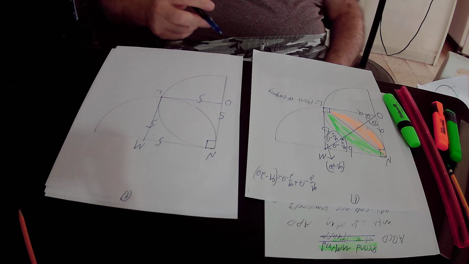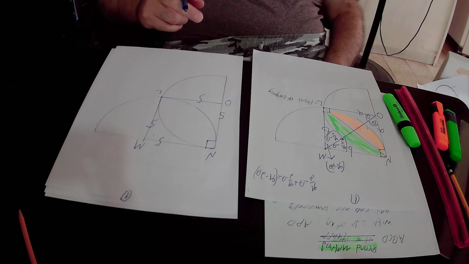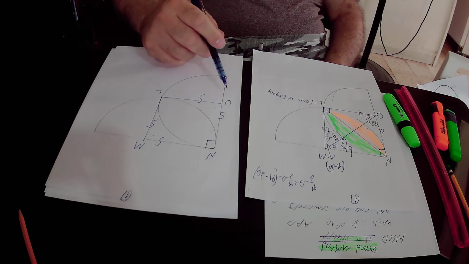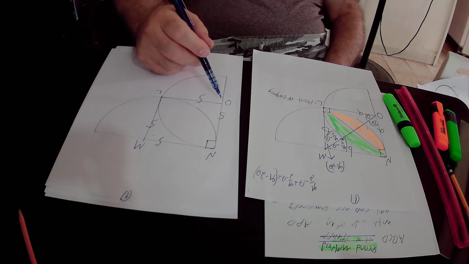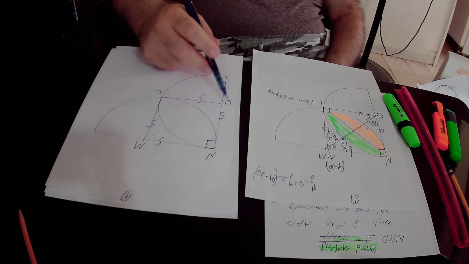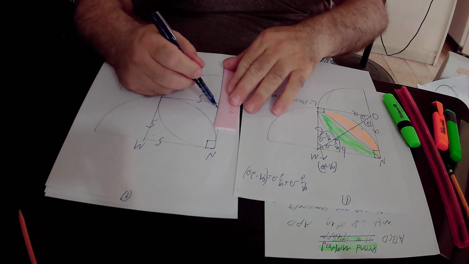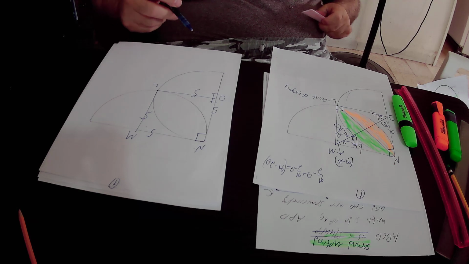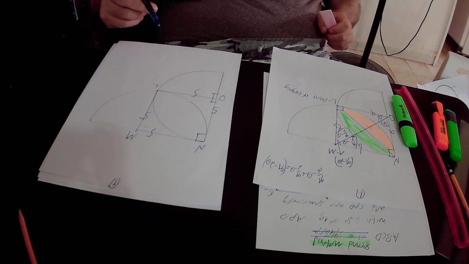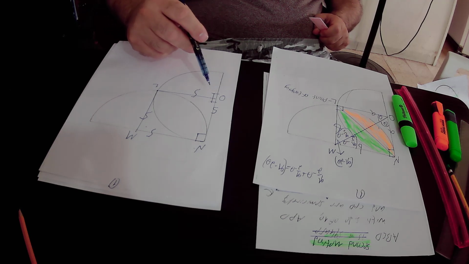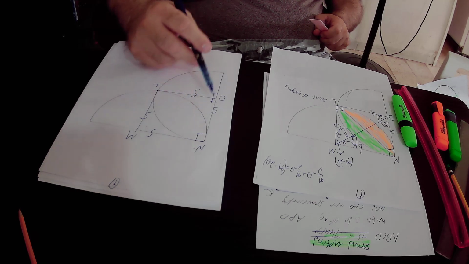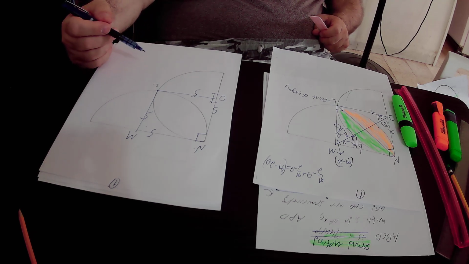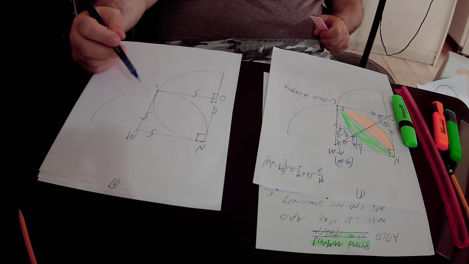Because those two semicircles are identical, if we draw this radius in such a way that it is perpendicular to the diameter, so we know that this angle equals 90 degrees and this angle also equals 90 degrees, then the radius that is perpendicular to the diameter of this semicircle will also be tangent to the other semicircle at point L. Okay, the same thing is true here.